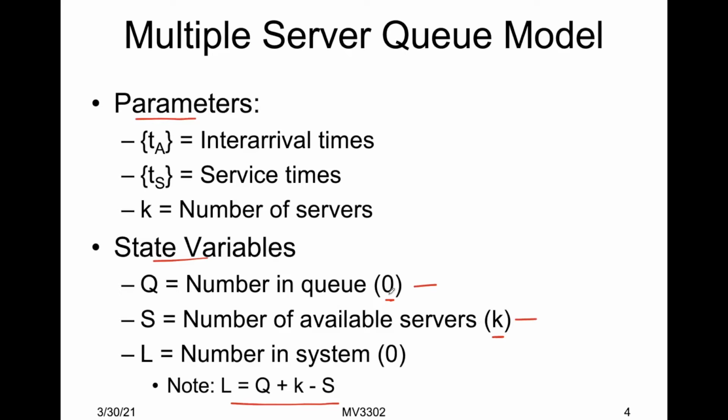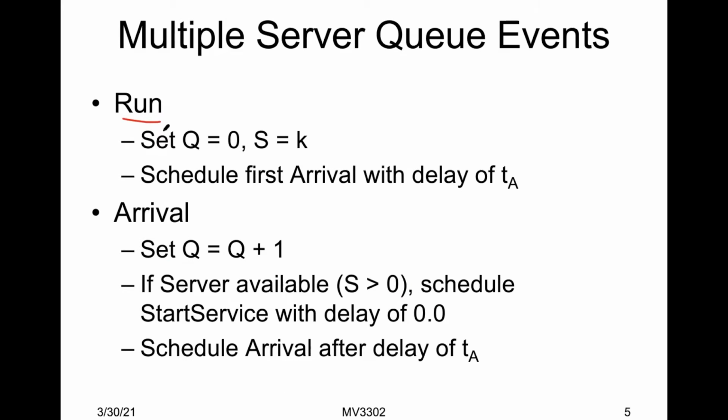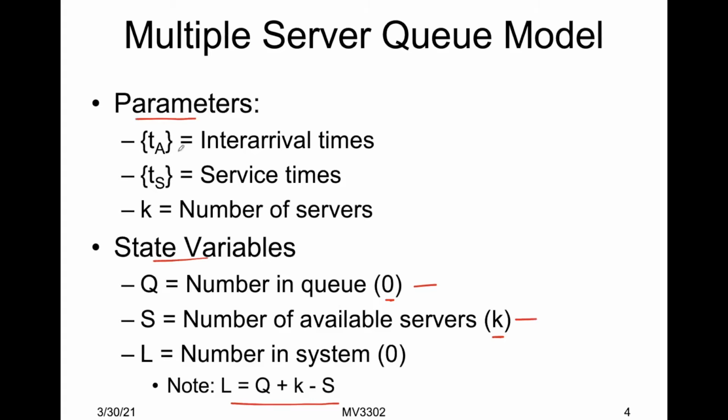So in this case, Q is 0, S is K. And so the state transition of the run event sets Q equal to 0 and S equal to K. We can read that right from our definition of the state variables. And like the arrival process, we're going to schedule the first arrival with a delay of T sub A. Now remember, T sub A is the first inter-arrival time.